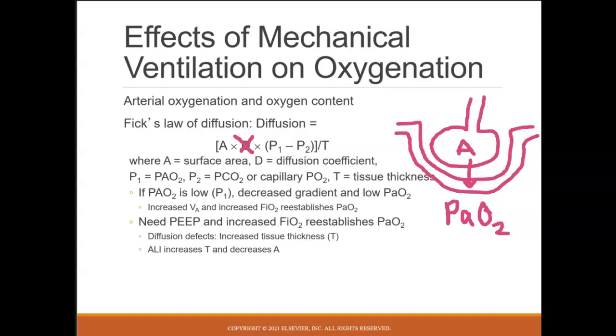By increasing my FiO2, I can improve my pressure gradient and improve diffusion. That's going to increase my P big AO2. I can improve my surface area by adding PEEP, because PEEP is going to increase the amount of alveoli that are open.